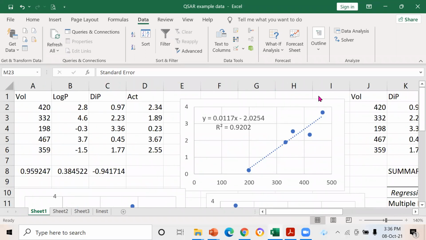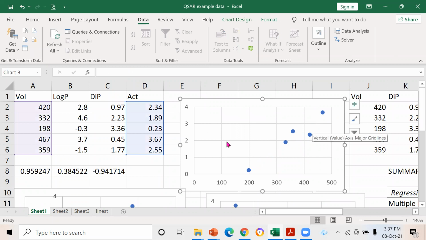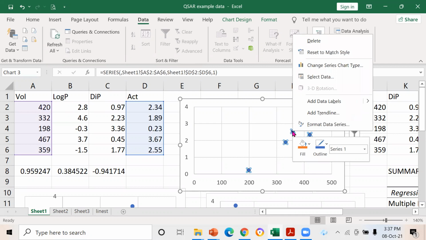Excel can do multiple regression equations also. We can even do second order, third order. Here we have done y equals mx plus c, but it can also do m1 x square plus m2 x plus c type of models. I will show you that. Volume versus activity, for example.